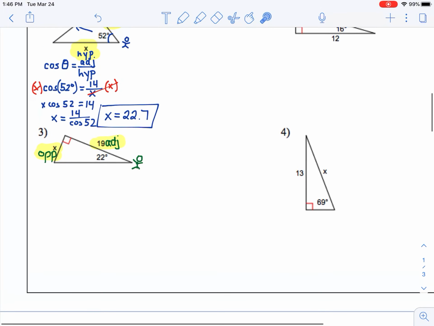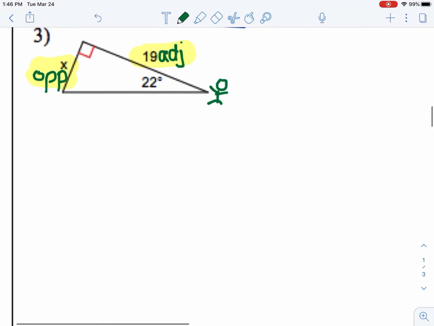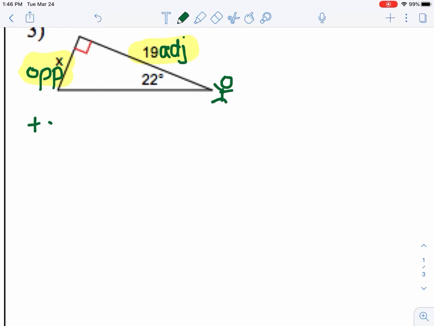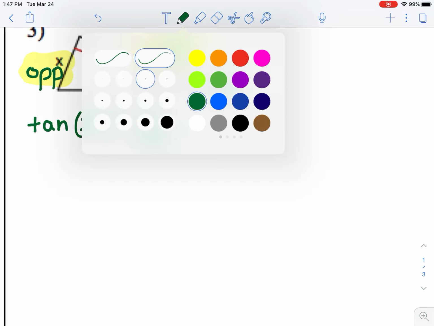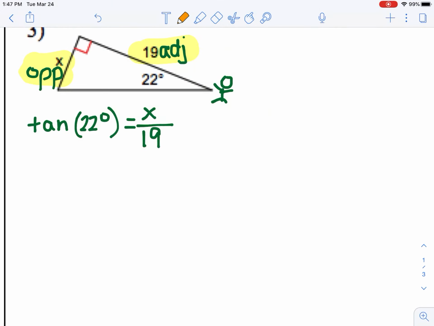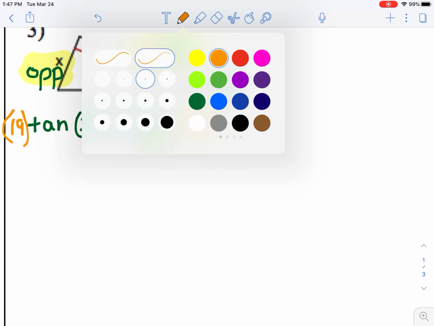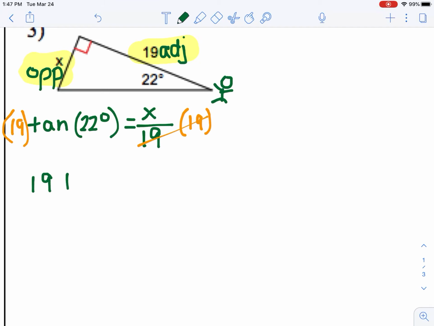So set that up. I'm going to say the tangent of 22 degrees equals the opposite over the adjacent. This one's even easier to solve because if I multiply both sides by 19, I get that 19 times the tangent of 22 equals x.